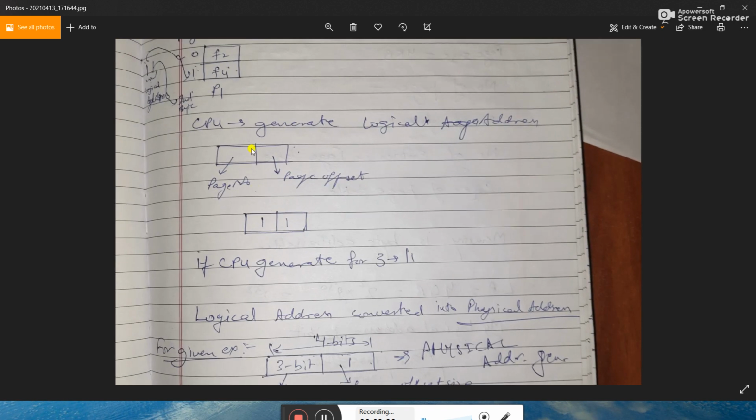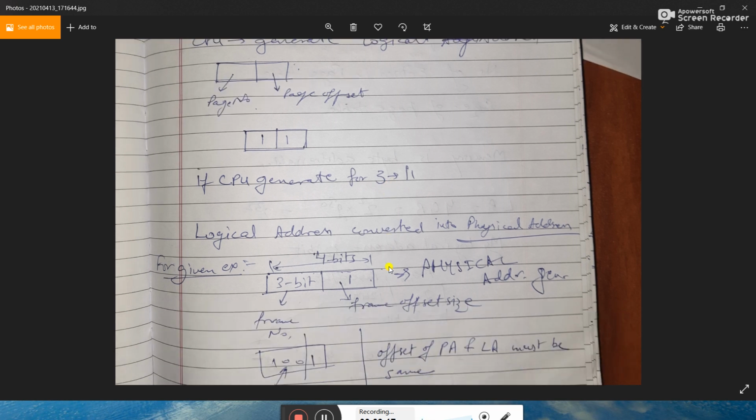Okay, so here you can see that the CPU generates a logical address. First is your page number, another is your page offset. If the CPU generates 3, it is 1 1. So the logical address is converted into a physical address. The physical address can be divided into 2 parts.